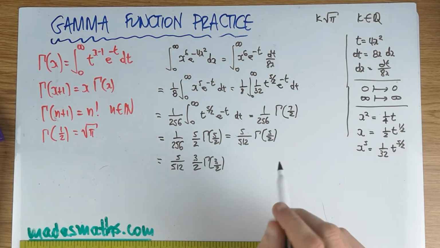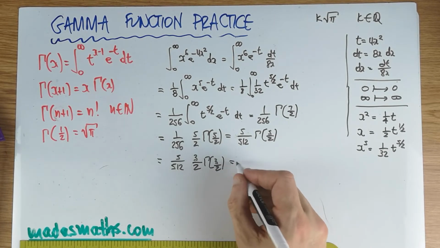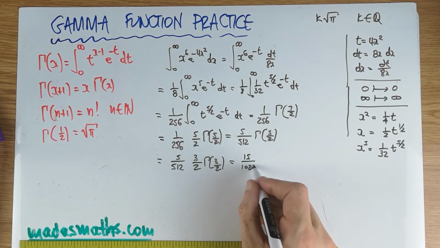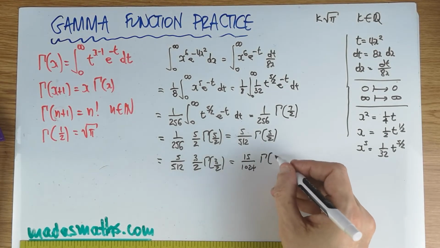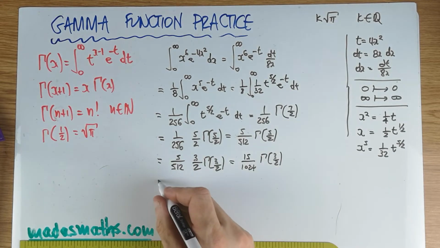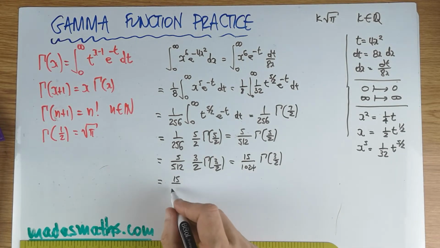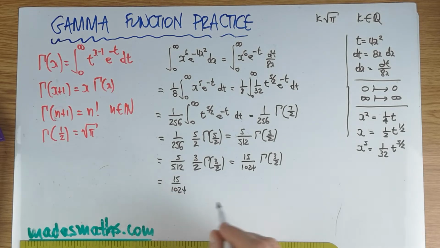Using, of course, relation number 2 again, which is going to give us 15 over 1024, the gamma of 3 over 2. And I think on the next reduction, we're going to get the gamma of a half, and the question will be done.